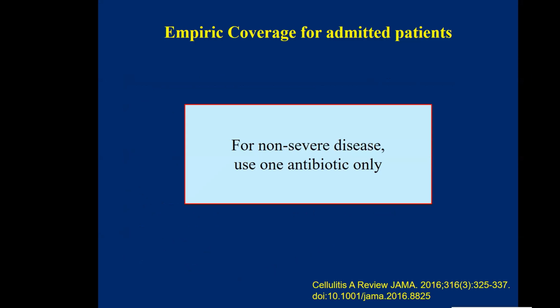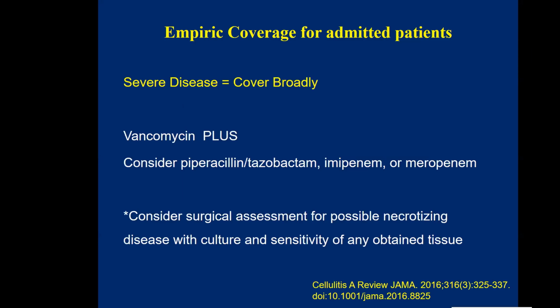So one take-home point from this is that for moderate disease, I think that the best practice and some antibiotic stewardship is to use 1 antibiotic only. And then for severe disease, that's a completely different thing. So we're talking about a patient that's septic, immunocompromised, hypotensive, or has rapidly progressive disease.